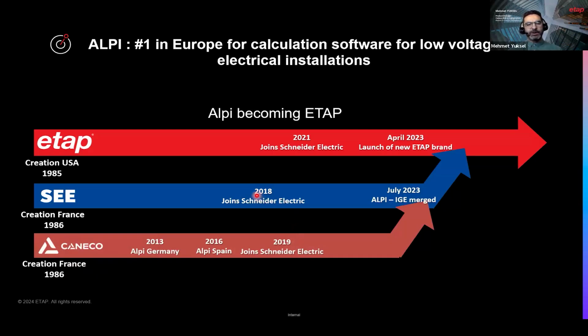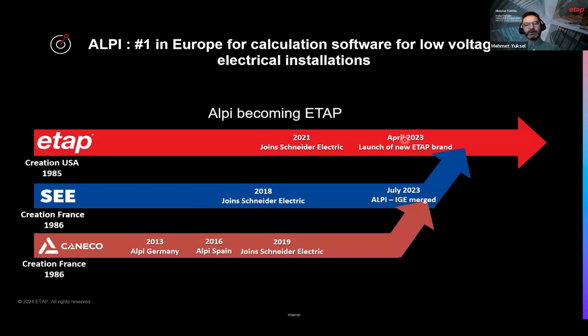It's the same case for IG, the vendor for C, and later in 2023 we merged with IG, and we are officially in France named IGE, but our global brand is ETAP.